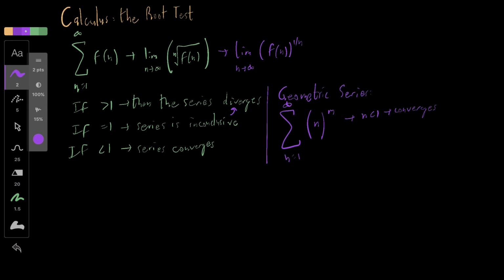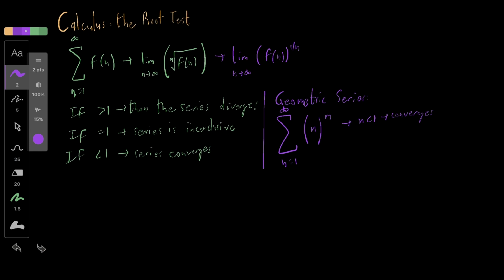Now, let me show you why the geometric series converges. Since we have this over here, we can do the root test on it. So, the limit as n approaches infinity of m to the n, and then taking the root, or raising it to the power of 1 by n, gives us the limit as n approaches infinity of m, which is just m.